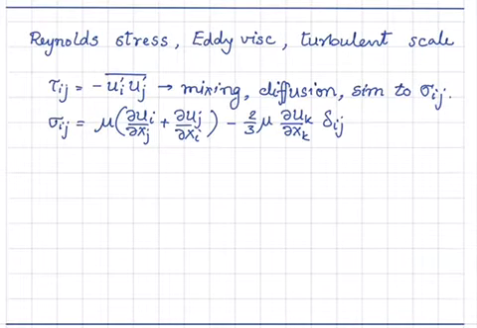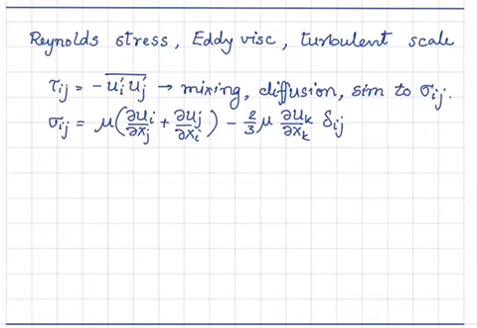Viscosity, the dynamic viscosity mu, here represents the effect of molecular random motion on diffusing properties of a flow, the property being momentum in this case, from a region of high momentum to low momentum.